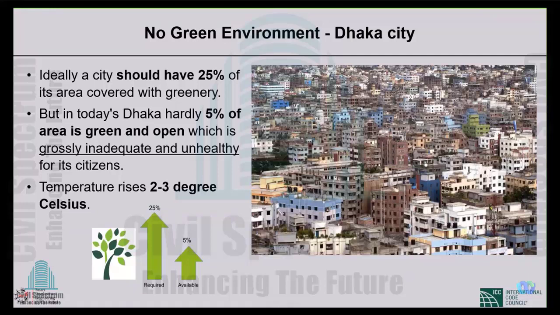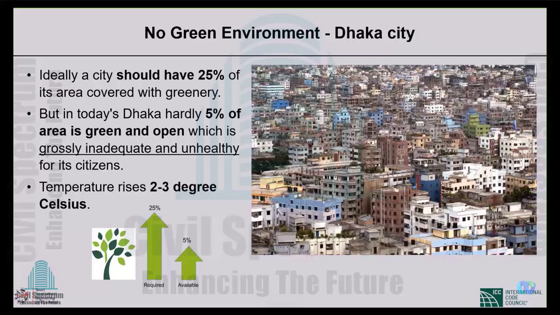One of the things we found is that 25% green space is needed for a healthy city environment. But unfortunately, in Dhaka it is now 5%. And this is grossly inadequate, an unhealthy situation.